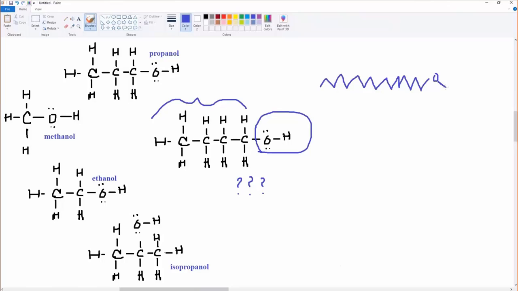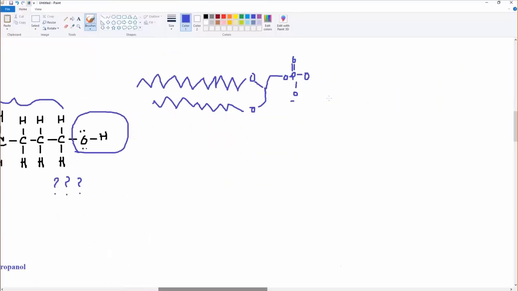Then oxygen, carbon, oxygen, carbon, oxygen, phosphorus, oxygen, oxygen, negative charge, oxygen, carbon, nitrogen, carbon, positive charge. Okay, so this is phosphatidylcholine, one of the principal components of your lipid bilayer.